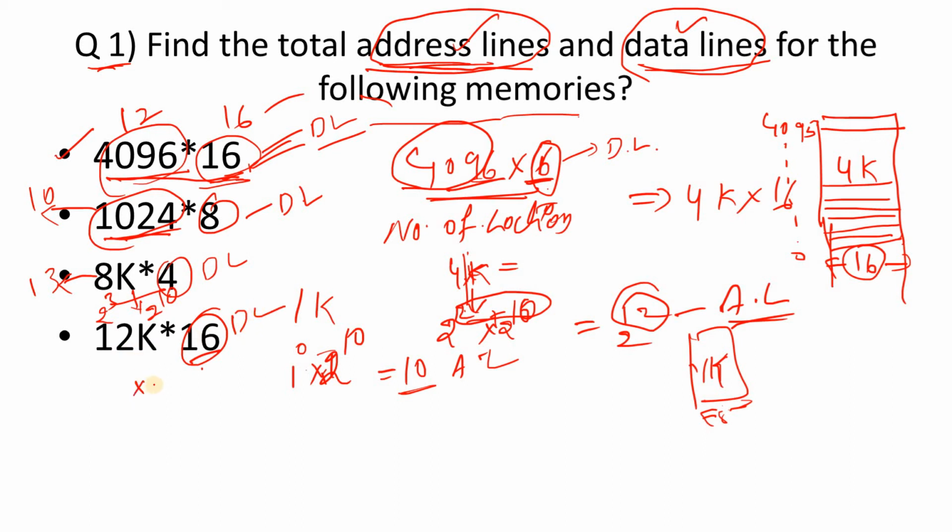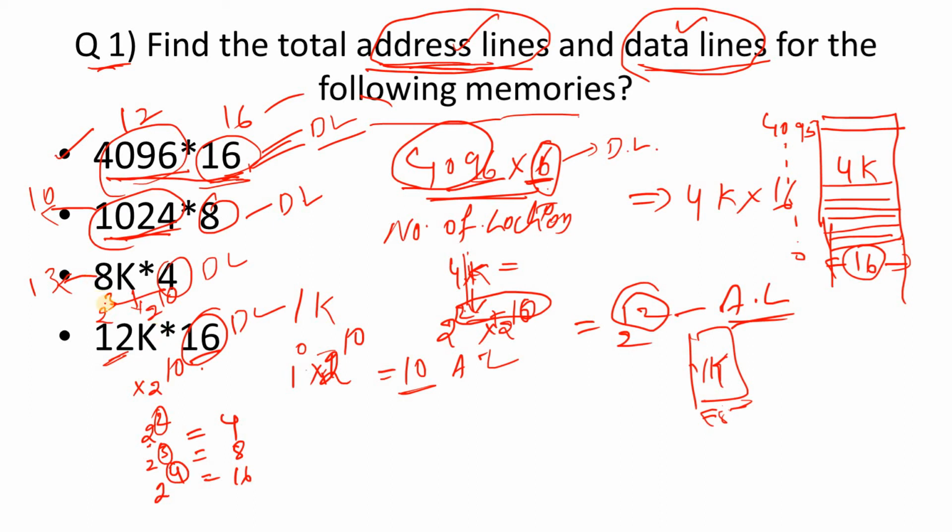In this case, k means 2 power 10, and coming to this 12k case, just observe the actual powers. 2 power 2 is equivalent to 4, 2 power 3 equal to 8, 2 power 4 equal to 16.